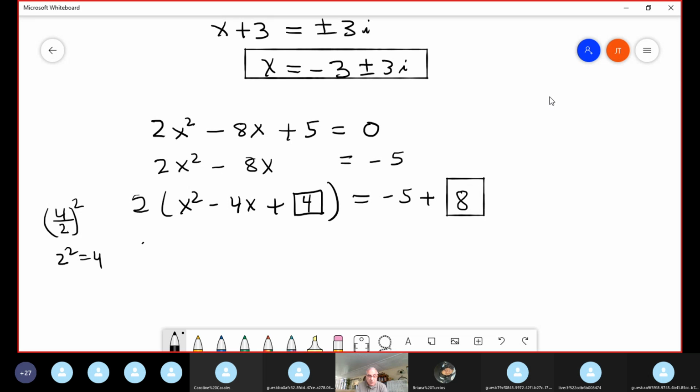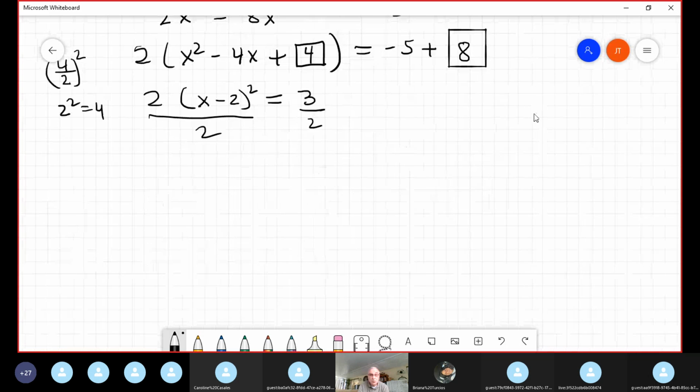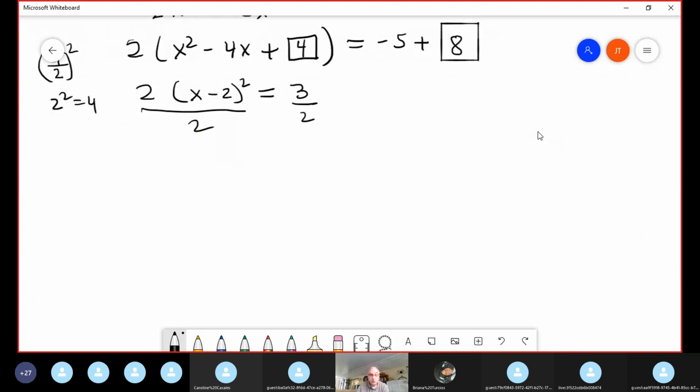Now the factorization is x minus 2 squared equal to 3, because 8 minus 5 is 3, divided by 2. You have divided by 2 here and divided by 2 here, because I want to isolate x minus 2 squared equal to 3 halves.